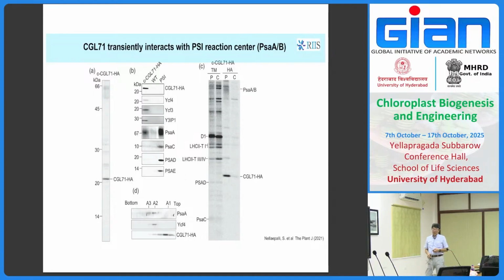We have no data, but another interesting and important question to be answered for PS1 assembly is how cofactors, chlorophylls, carotenoids, and also the acceptor naphthoquinone, are integrated into PS1 complexes.